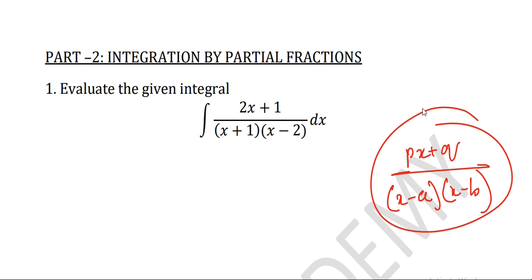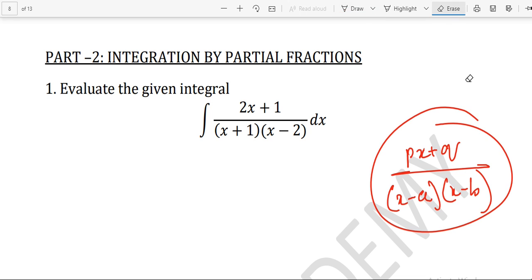To break this rational function we can simply use partial fractions. This is very difficult to integrate just like that, so obviously we have to use some simplification, and that simplification is known as partial fractions. So we are going to represent this in terms of partial fractions, and then we are going to use the integration. So let's see.